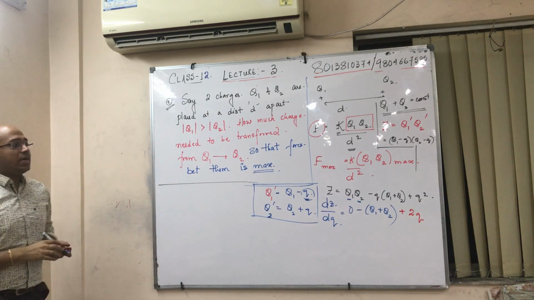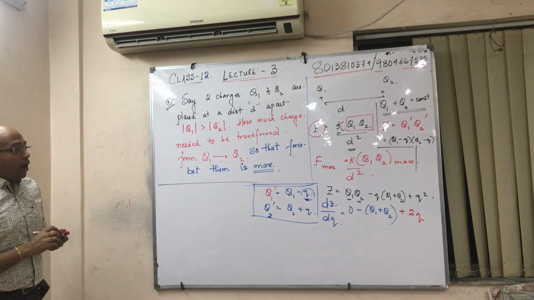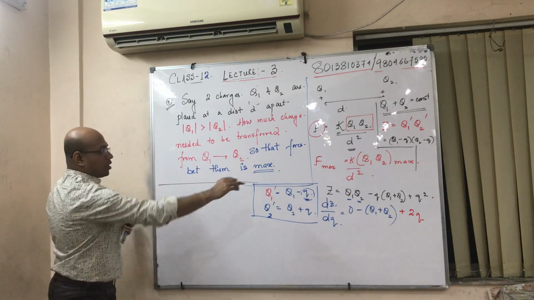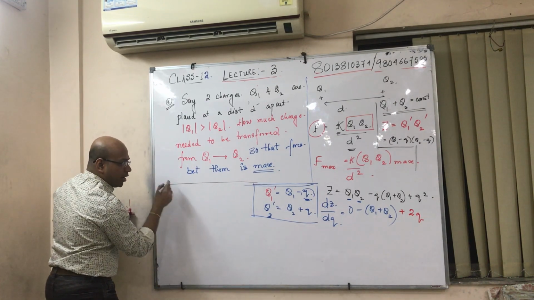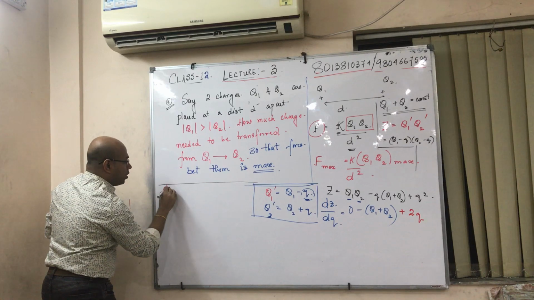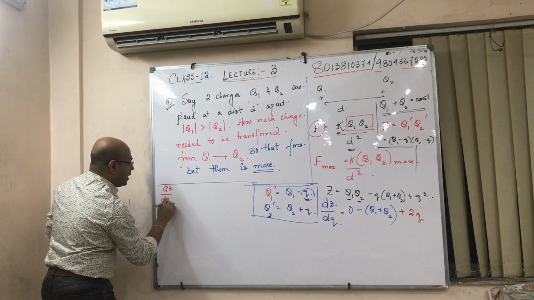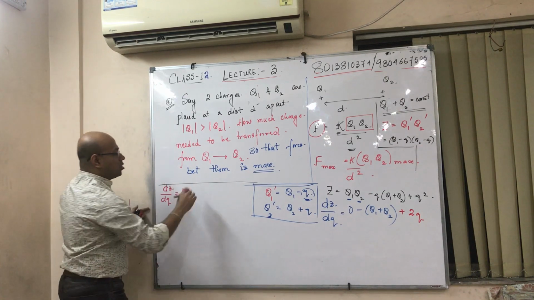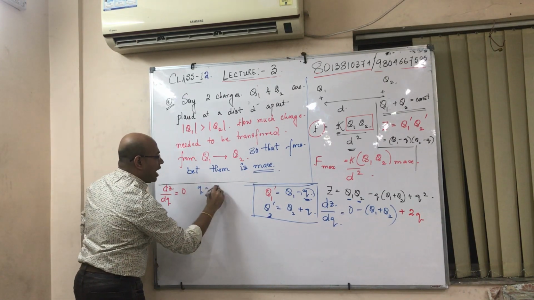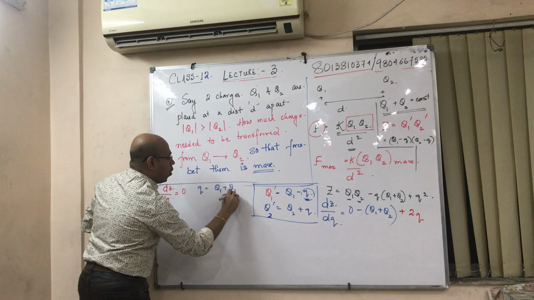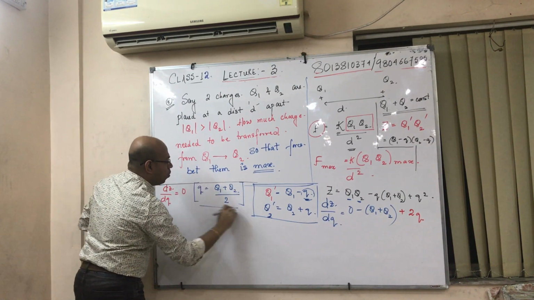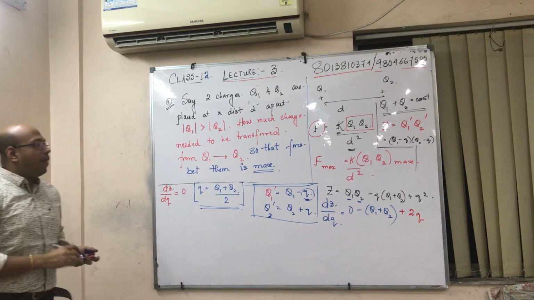Now, what is the thing we need to do? We know dZ by dQ, we need to equate it to 0. Those who have done differentiation in class 11 know what I am talking about.